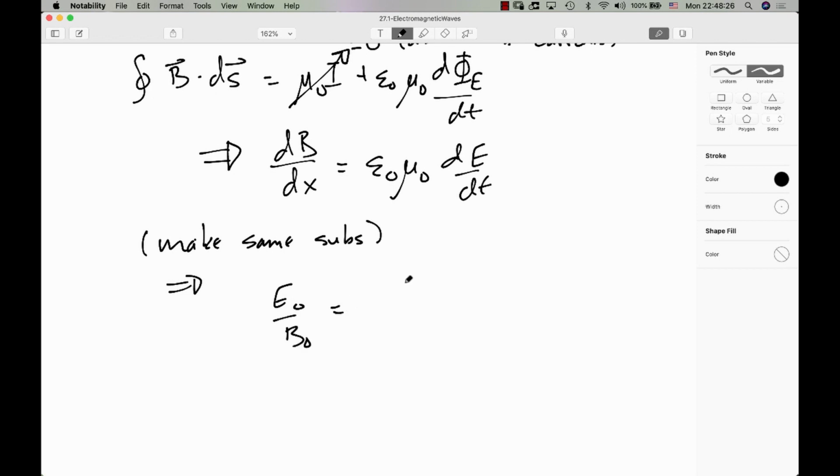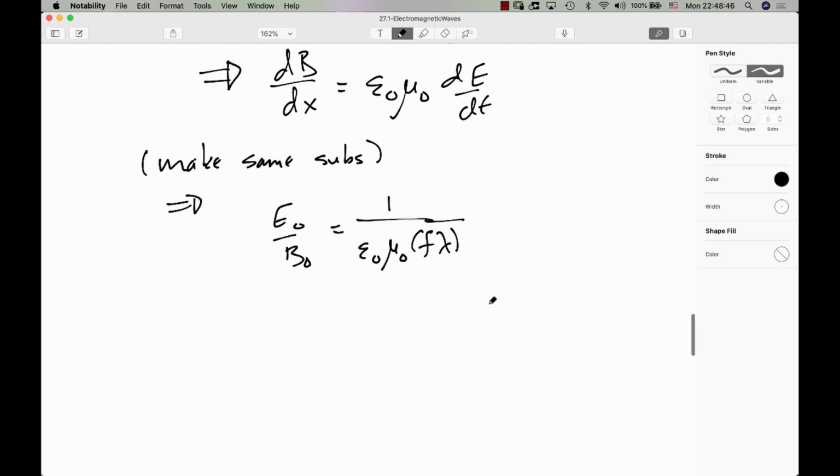That says equal to 1 over epsilon naught mu naught times f lambda. Yes, I skipped an awful lot of algebra going from here to here, but you should try to work it out for yourself.